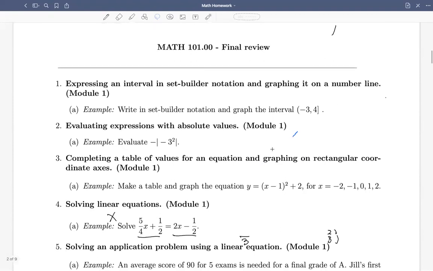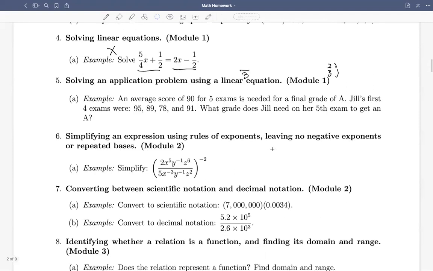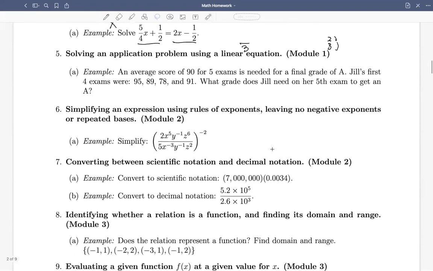All right, we need to move to 5. Okay, 5, life application. Let's see this question. The average score of 90 for 5 exams is needed for a final grade of A. Jill's first 4 exams were 95, 89, 78, and 91.